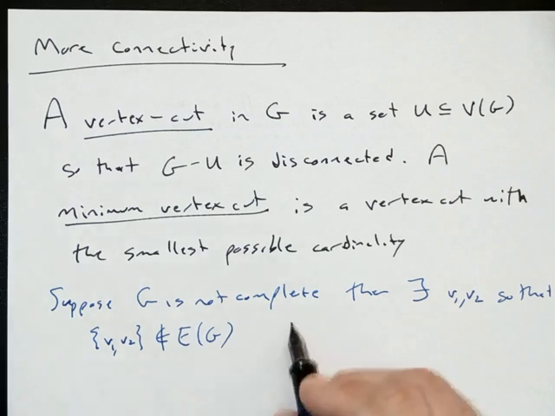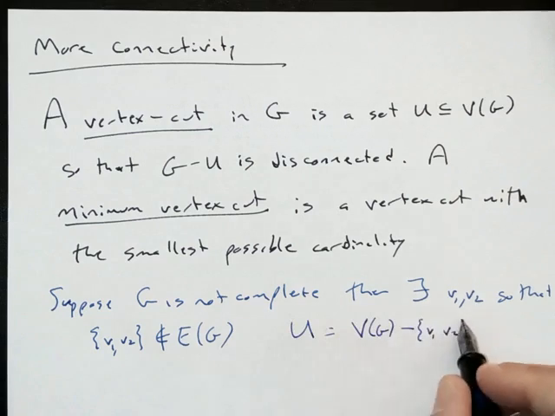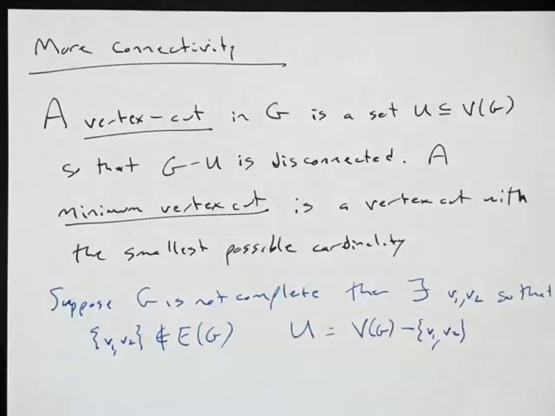Okay. If I let my set U be all of the vertices except those two, when I take away every other vertex except those two, I'm left with two isolated vertices with no edges.